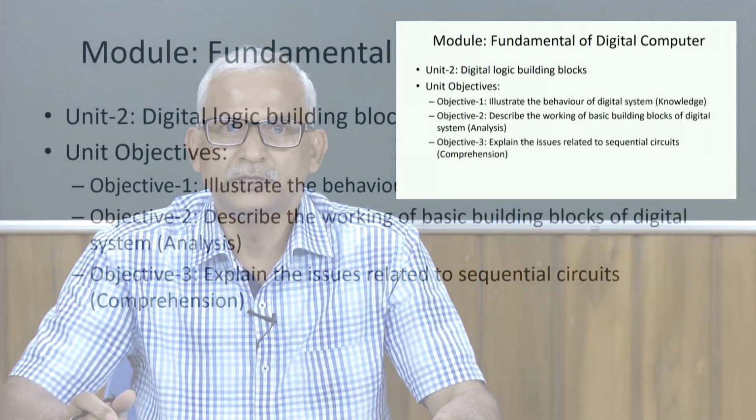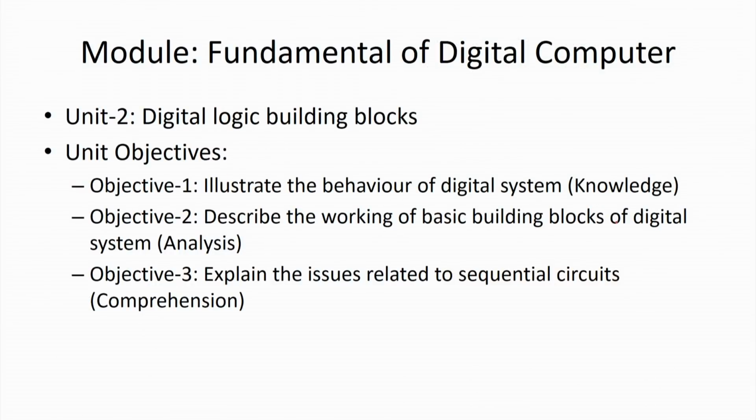In this particular case we have mentioned 3 objectives. Objective 1, illustrate the behavior of digital system. Again we are going to cover these things at knowledge level, because these are the things that we will be needing while discussing computer organization and architecture.